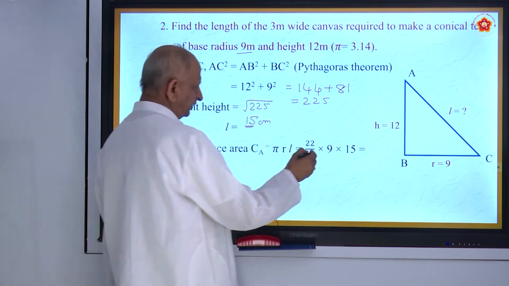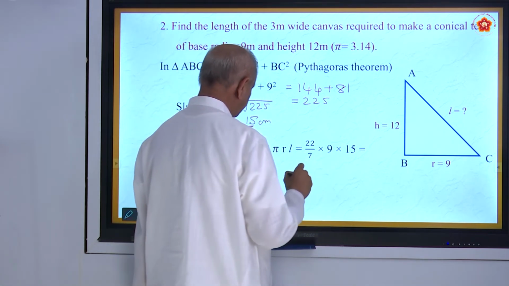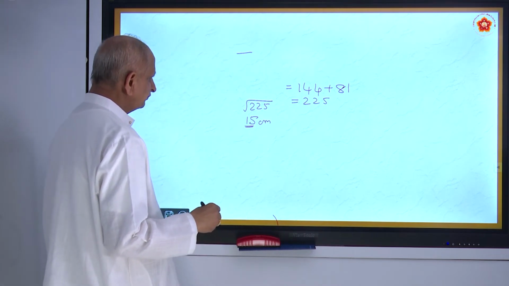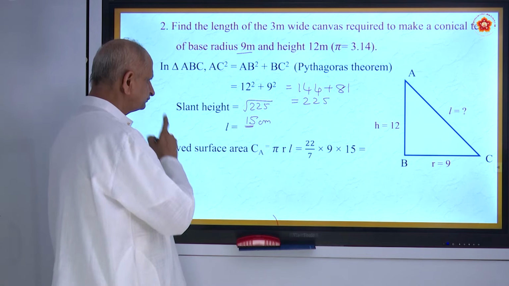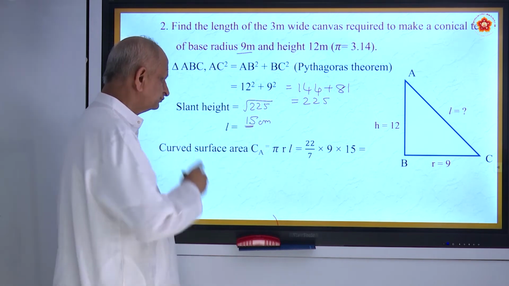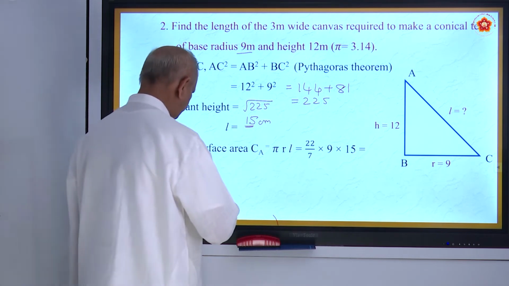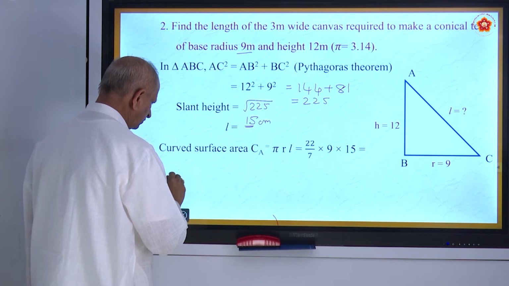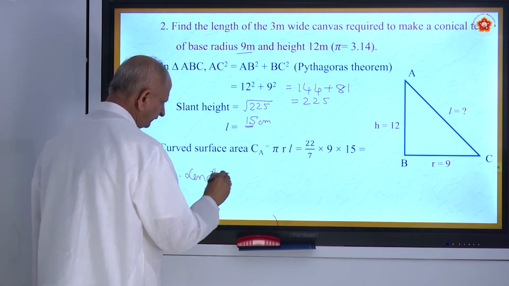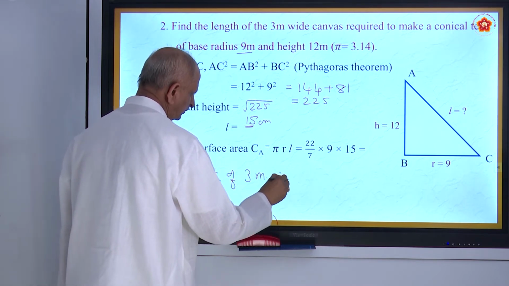So here, if you just multiply this, and one more thing you have to find out, we'll do once for all. That is, see what is the length of 3 meter wide. So you have to divide by 3. Therefore, answer is length of 3 meter wide canvas.